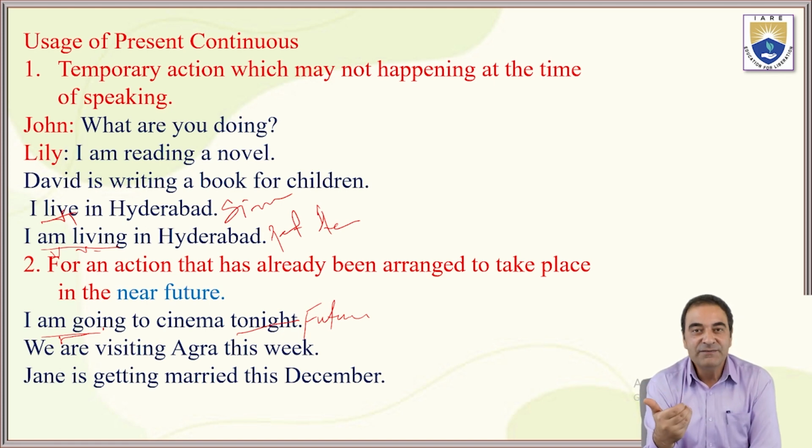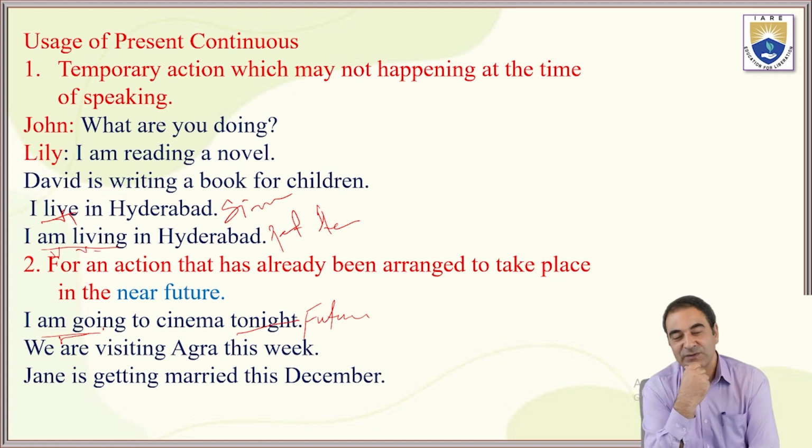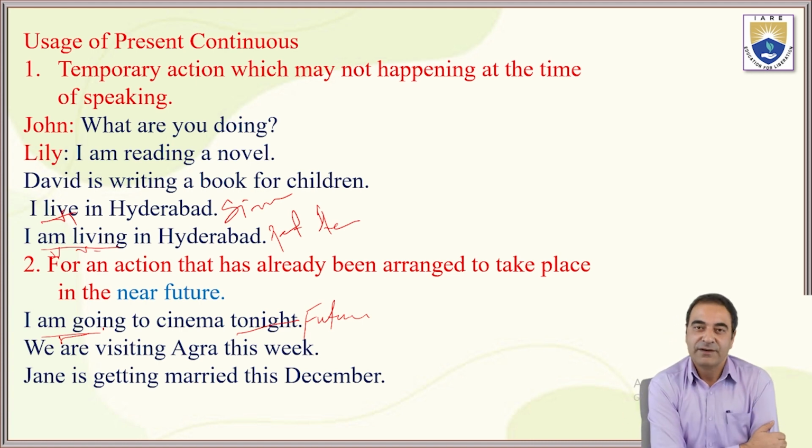Because this future event is planned, it's already arranged. We use present continuous tense to express a future event that's planned or that is arranged. And this future event should be a near future.